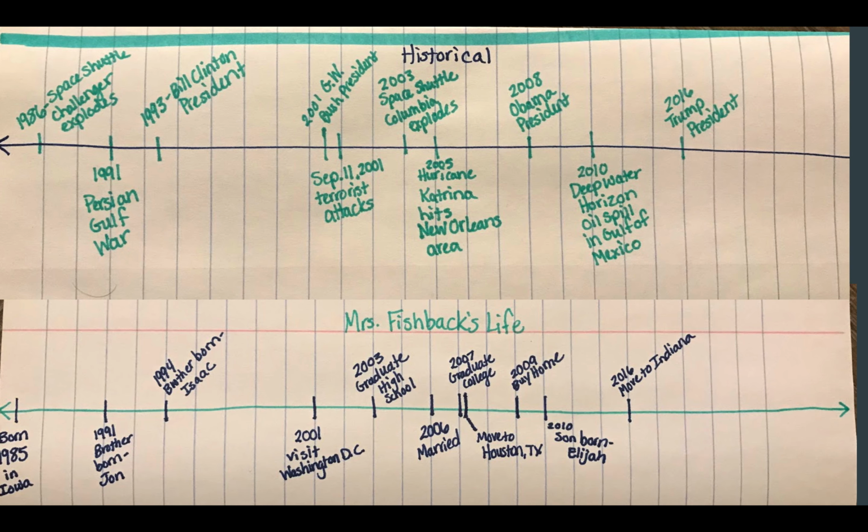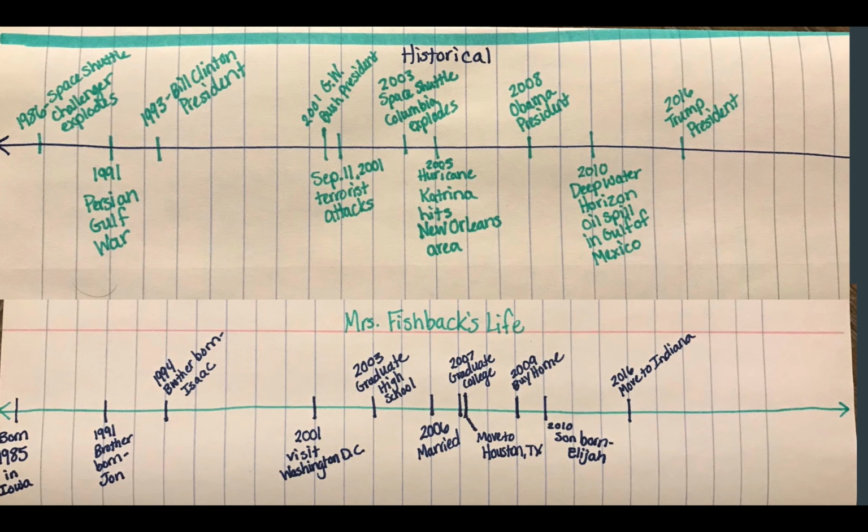Okay? And at the top, I decided to do some research and compare what was happening in history during that time period and compare that to my own life. That might just help you to understand me a little better, and maybe facing some of the things that happen in history and what happened in my own life.